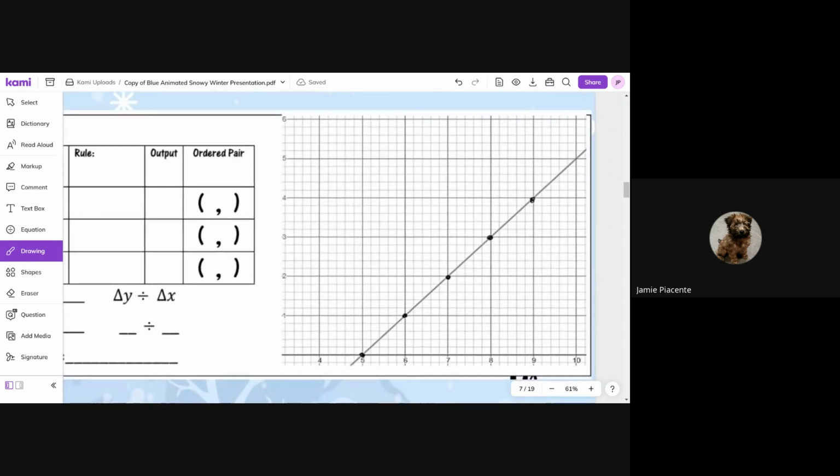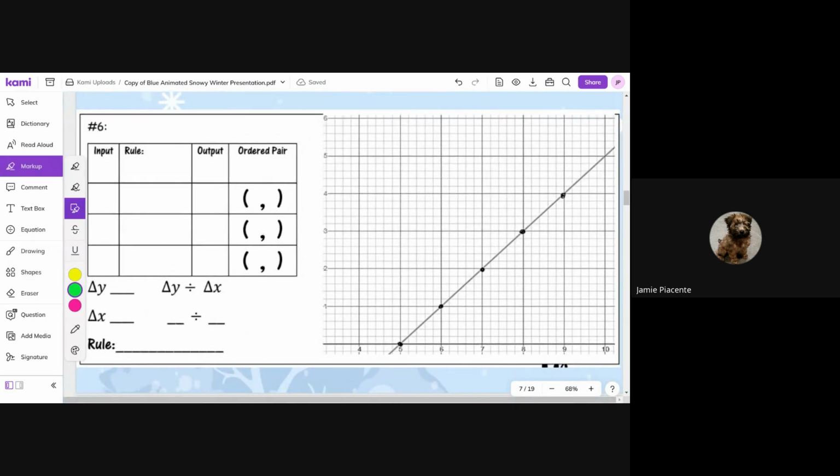Hopefully this one's a better one. Okay, let's see here. Let's do 1, 2, 3. Go ahead, do those 3 points on your own and find the rule.